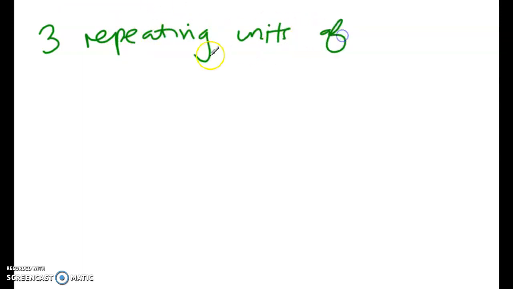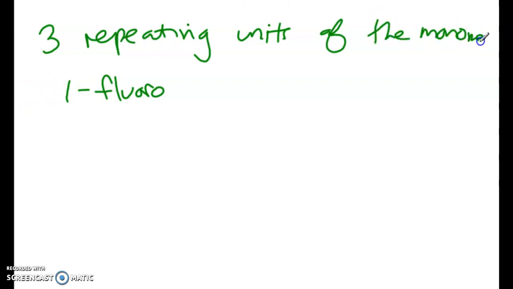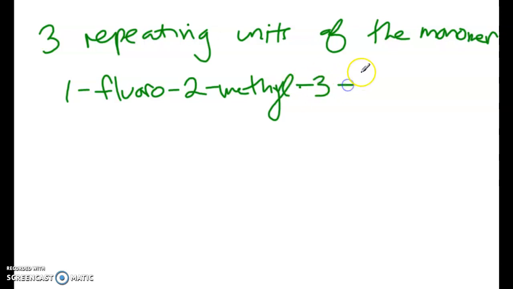Okay, so before we get into this next one, I'm going to give you one to try. Do 3 repeating units of, let's do, I guess we want to make of the monomer 1 fluoro, 2 methyl, 3 hexene.